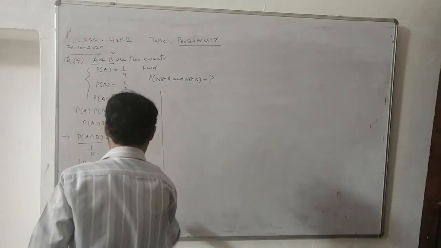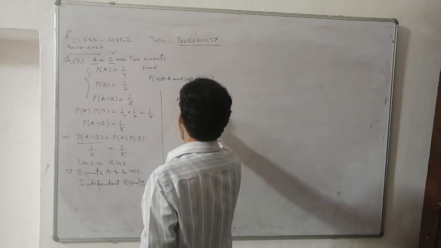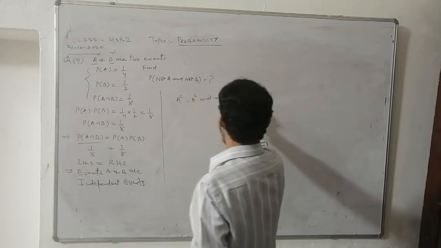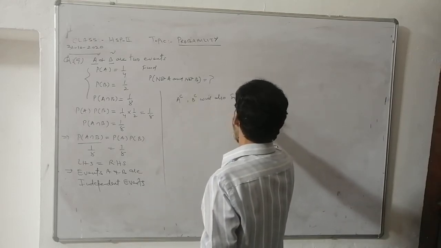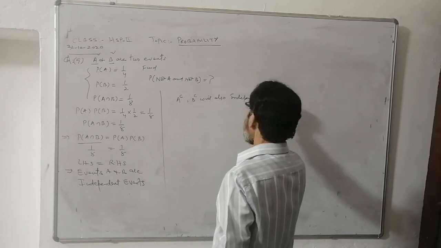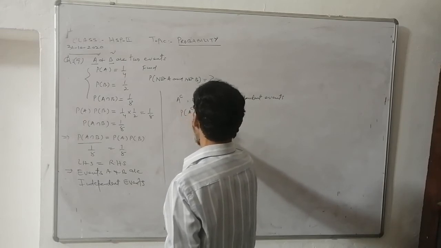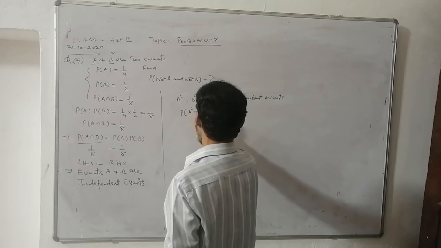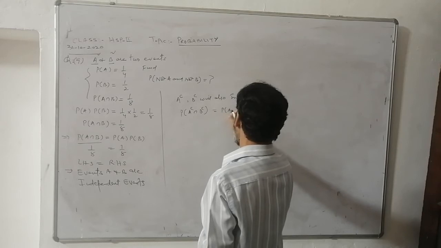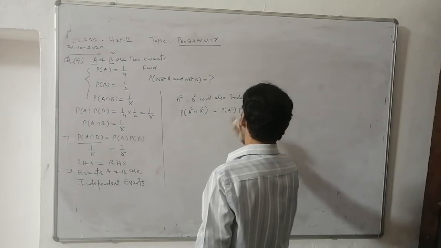When A and B are independent, that means their complements will also be independent. That means probability of A complement and B complement will equal probability of A complement into probability of B complement.